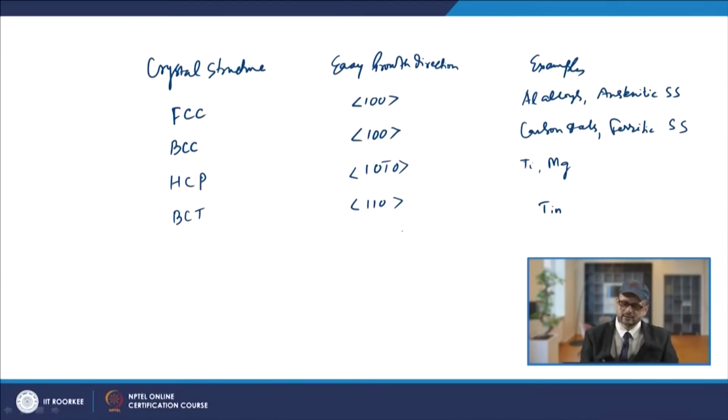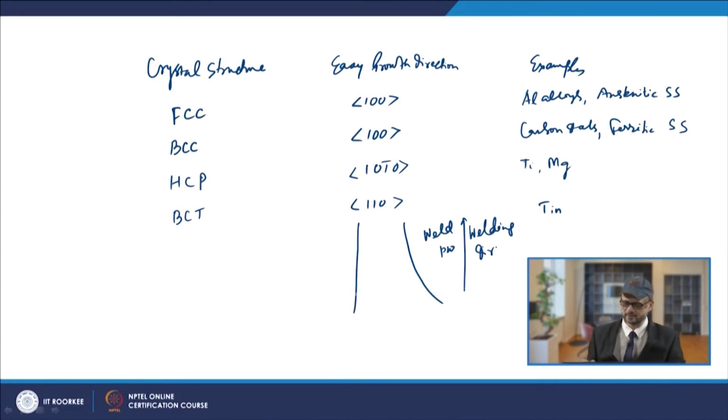If you try to look at the competitive grain growth, suppose this is the weld pool, and this is the welding direction. Assume that this is your fusion line. Now you have different grains which are there.